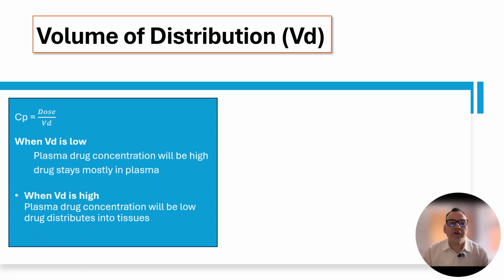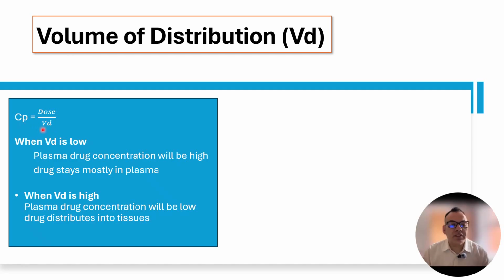To further explain the volume of distribution, we mentioned that the plasma drug concentration equals the dose divided by the Vd, which is the amount per volume. We need a relation between the drug concentration in blood or tissues and the volume of distribution. If the Vd is low, the Cp is high, because there is an inverse relationship between both.